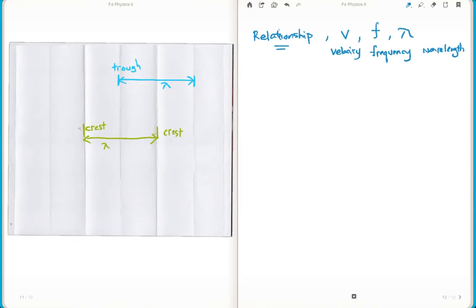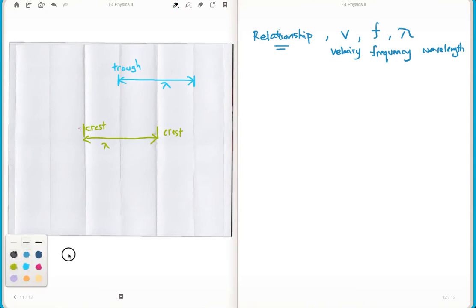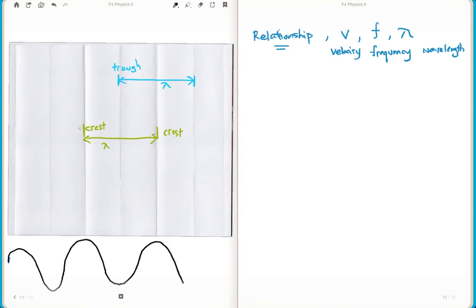Say for example, this is the crest. I want to use the dark color. Let it go up, then come down, and then come up. So this is the crest, down, up, crest, down, and this is another crest.